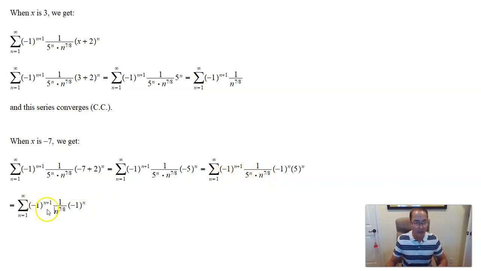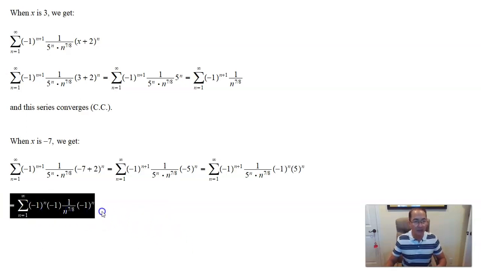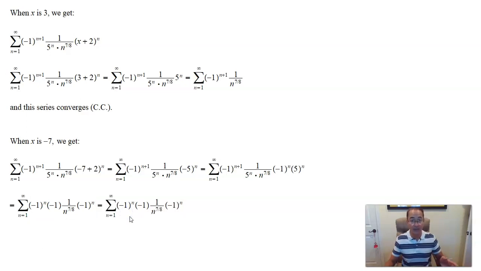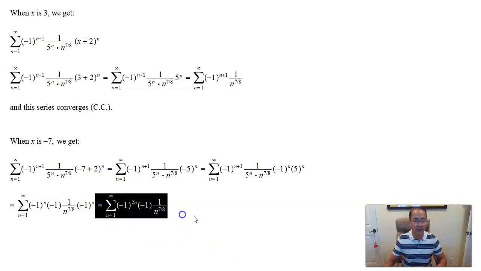Minus 1 to the n plus 1, we can distribute as minus 1 to the n times a minus 1. Okay, so minus 1 to the n and another minus 1 to the n, those just cancel each other out because you get minus 1 to the 2n, which is simply 1. Minus 1 squared to the n is plus 1 to the n.